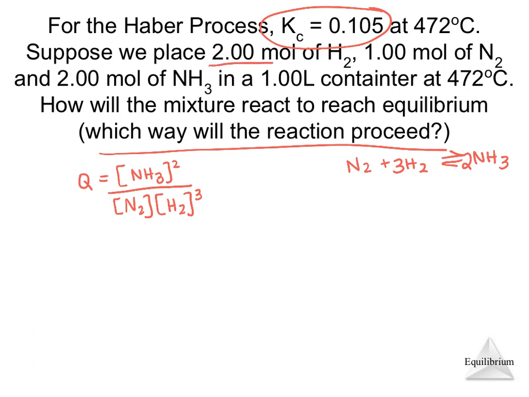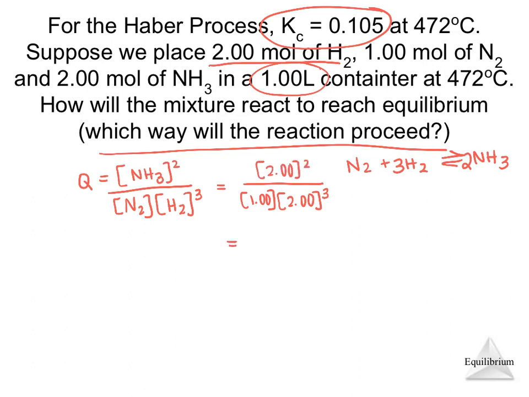So we're putting 2 moles of H2. Moles is not a molarity, but we're in a 1 liter container, so 2 divided by 1 stays at 2. So we've got 2 molar H2, 1 molar N2, and 2 molar NH3.